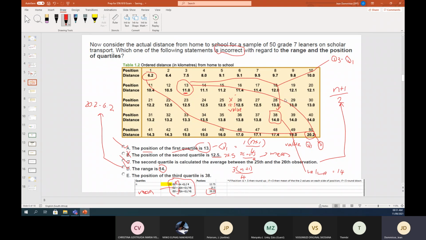So that would have been the value of 14 minus the value of 11, so your interquartile range would be 3. Just if anybody else looks at this, your interquartile range would be 3. Thanks for that question.